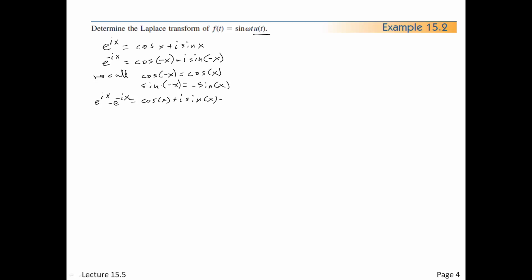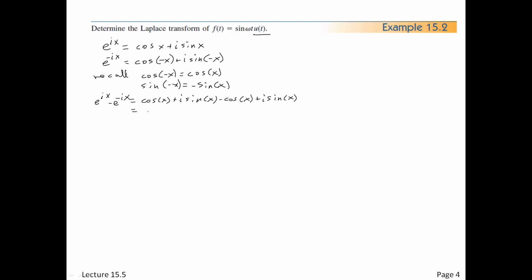minus, and I do this substitution, minus cosine of x. You see where this is headed. I'm going to be able to get rid of that cosine. But then I'm going to have minus a minus sine of x. So that's going to be plus i sine of x. Okay, all substitutions.